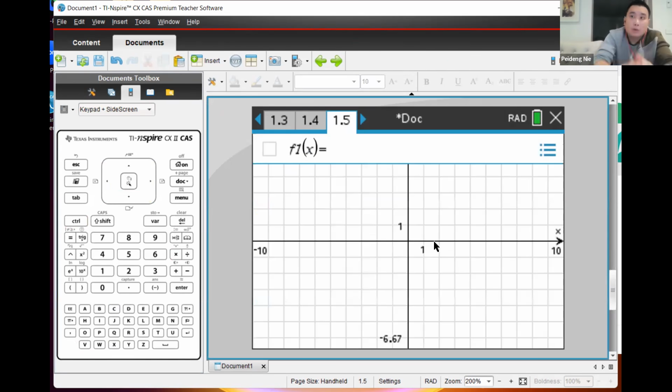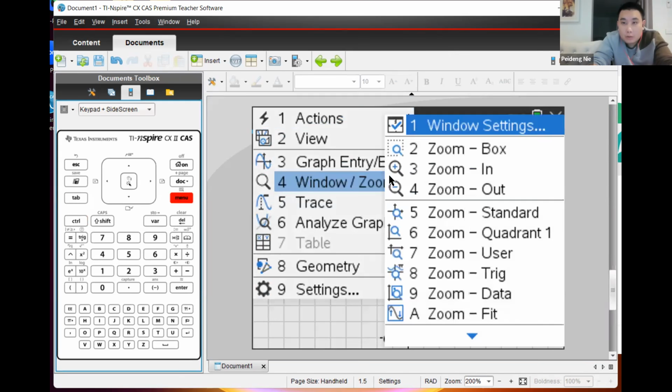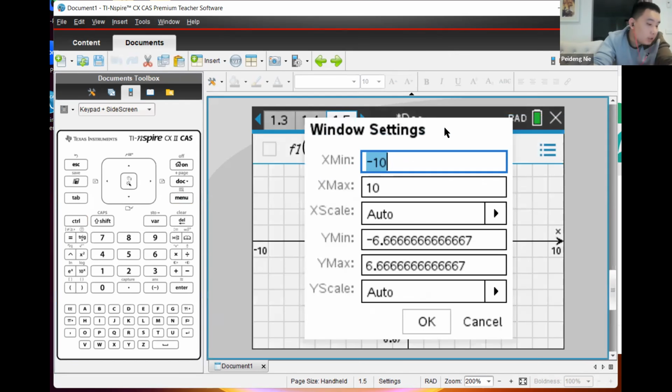Add graphs. Remember, you have to closely adjust your window setting on the CAS calculator to closely match the grid paper provided in the exam booklet. This is a very common suggestion, which you should know. So menu, window zoom, window settings. X is the T value, so 0 to 60.